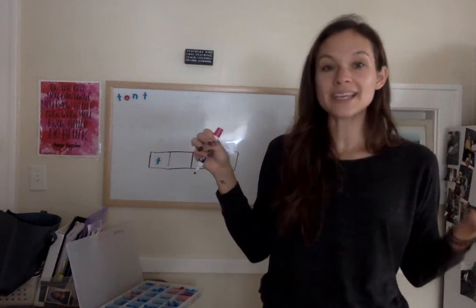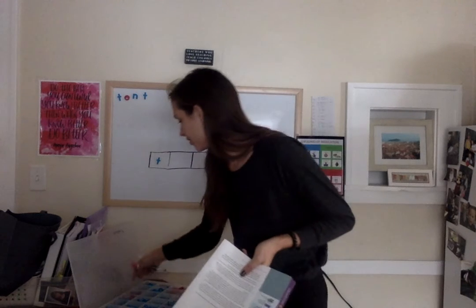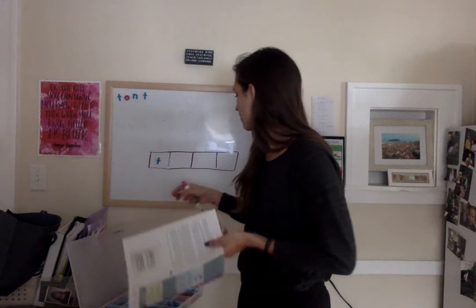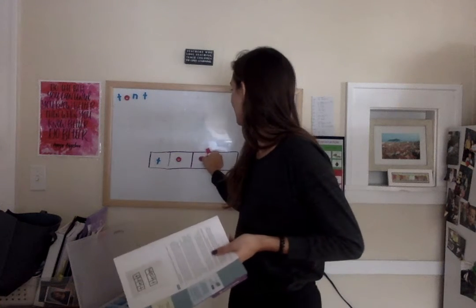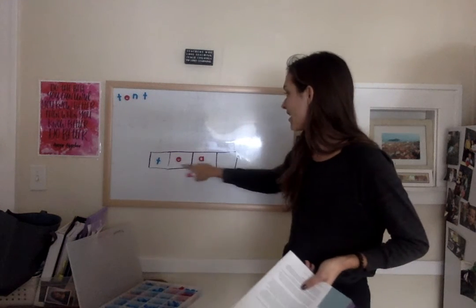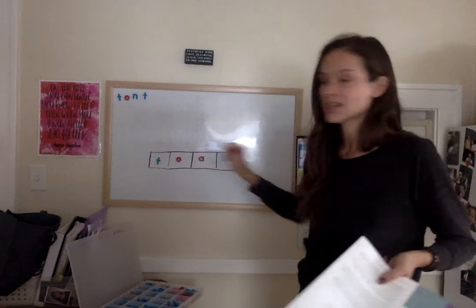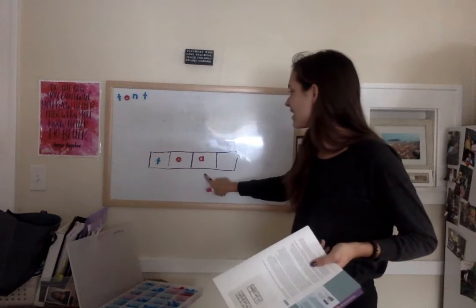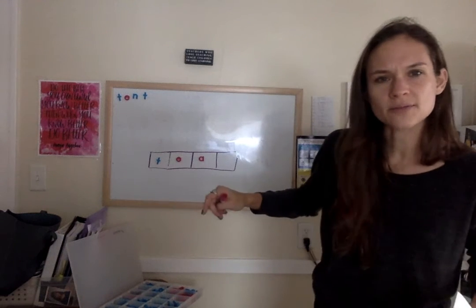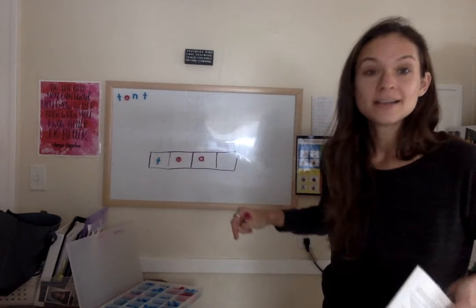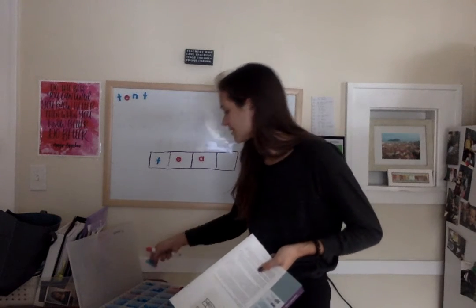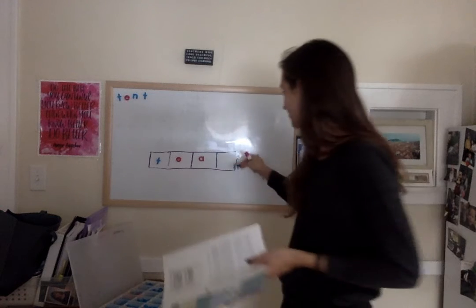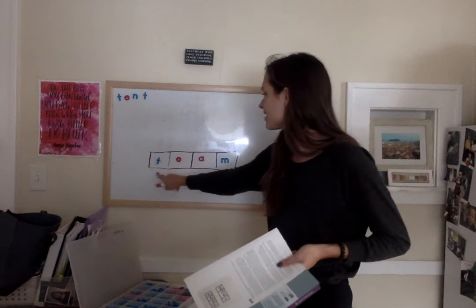So the sound e in this example is actually made with the letter E and then the letter A. Sometimes E-A makes the e sound. So we have e, and then what is the final sound? Team, m. The m sound. And what letter makes the m sound? The letter M. So now we have this word team.